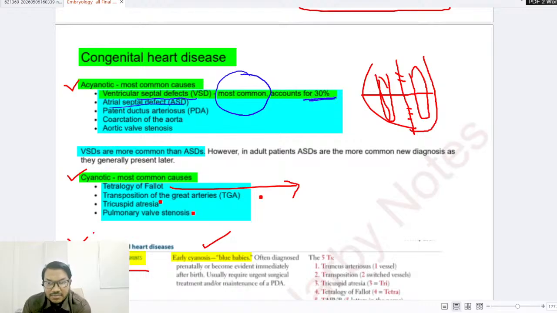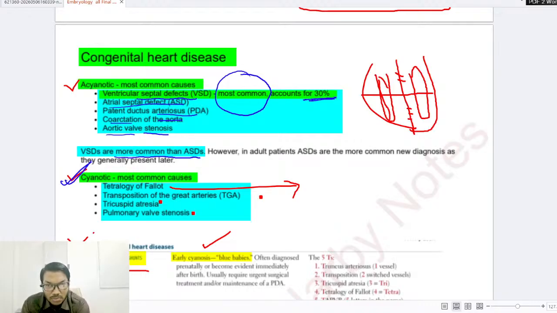Then atrial septal defect, patent ductus arteriosus, coarctation of the aorta, and aortic valve stenosis. These are acyanotic, and these are the most common causes. And ventricular septal defects are more common than atrial septal defects.